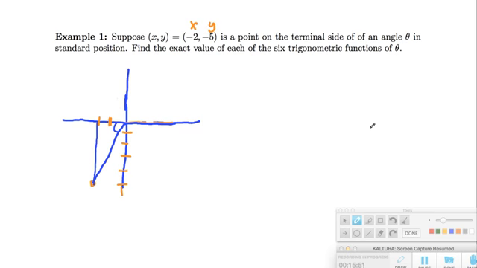Now think about what the side lengths look like. This side length right here has a value of 2, right? It's -2 on the x-axis, but the length itself is 2. And the length here on this side is 1, 2, 3, 4, 5. So basically what we have is a right triangle with side lengths 2 and 5.